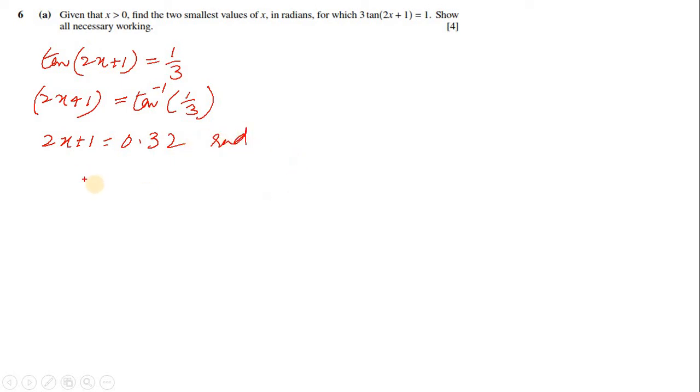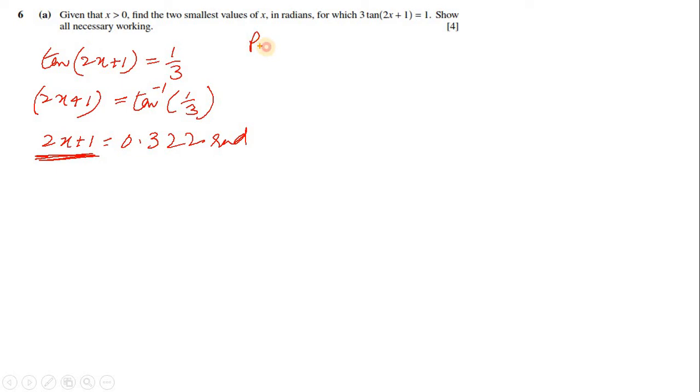So this is the angle at which the tangent function has the value 0.322. Yes, 0.322. So this is the tangent function, and the tangent function is a periodic function.